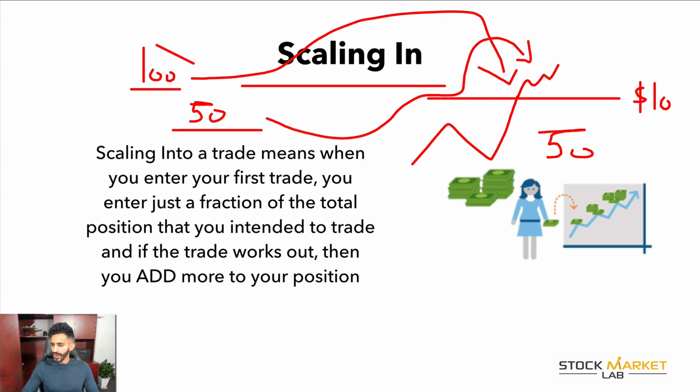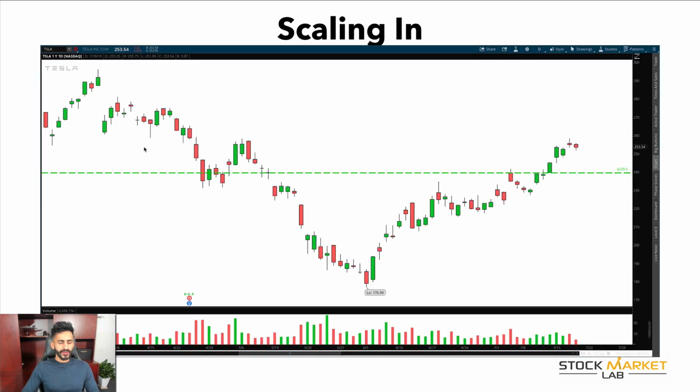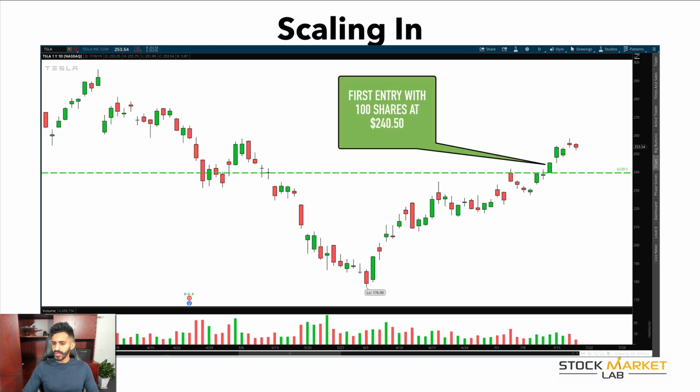So let me show you an example. If you look right here, we're looking at Tesla's 1 year, 1 day chart, which means each candle represents information for 1 day, and we have almost a year's worth of information. Now, looking at this chart, the idea of scaling in would be you see Tesla breaking this important 240 level. Once it breaks 240, you're like, you know what?